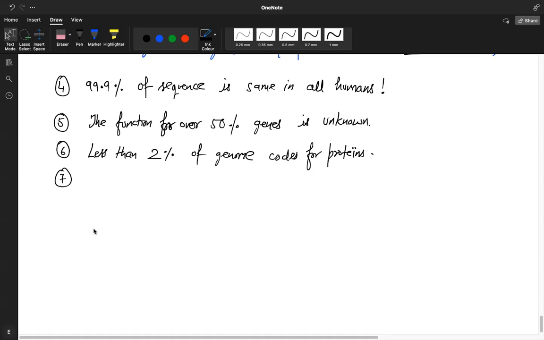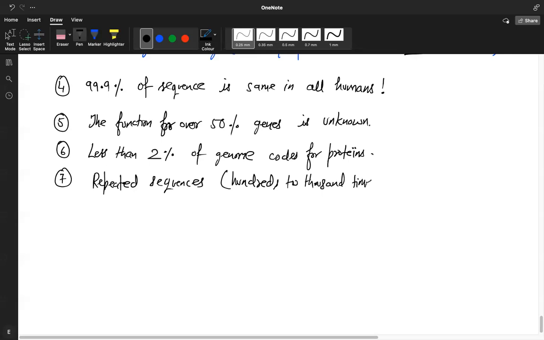So write down repeated sequences, which repeat hundreds to 1,000 times in series, make up a very large portion of the human genome.